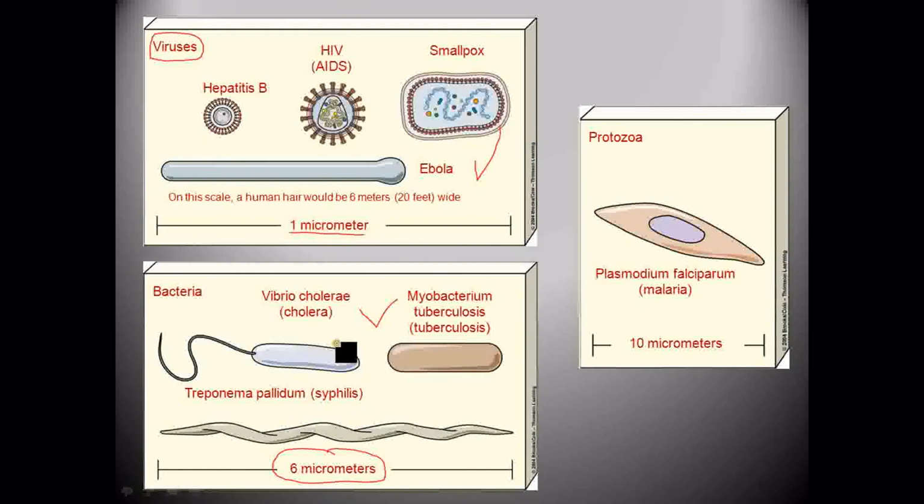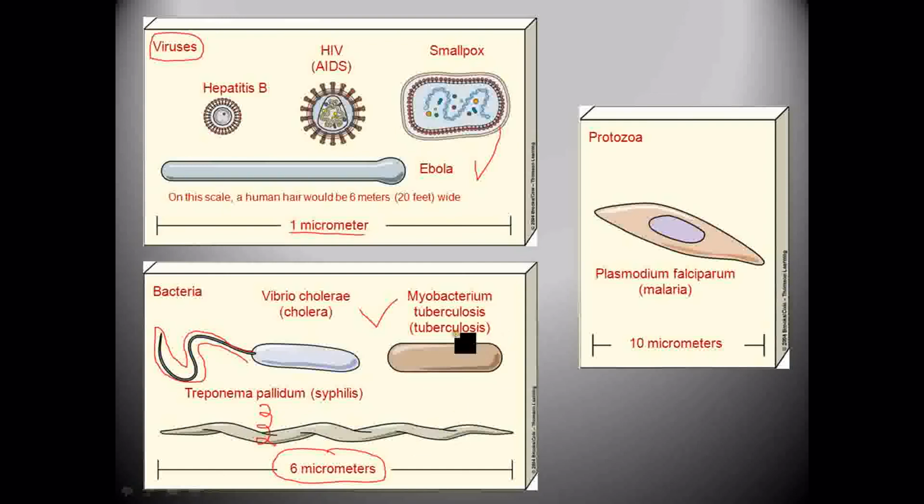And we can see the organism that causes cholera is called Vibrio cholerae, and it is a rod-shaped organism, and it is motile. It can move because it's got a flagella. Here is the syphilis organism. It's called Treponema pallidum. It's a corkscrew-shaped bacterium.